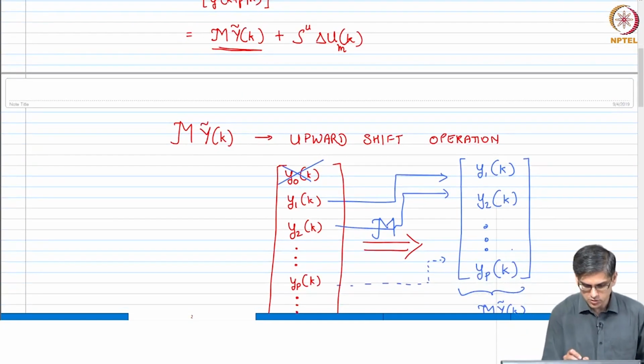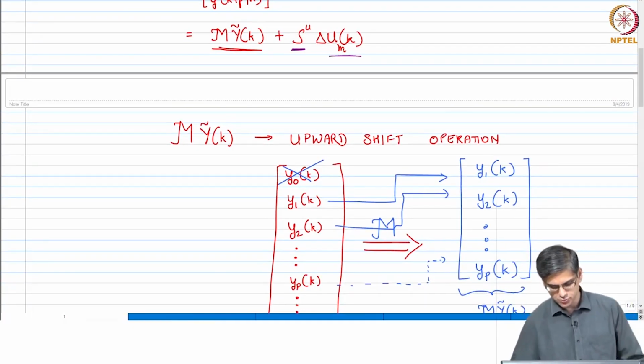Now let us talk about what was SUK and delta UMK.